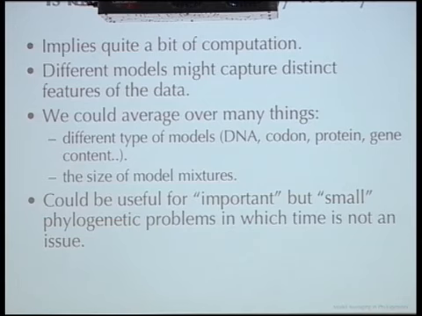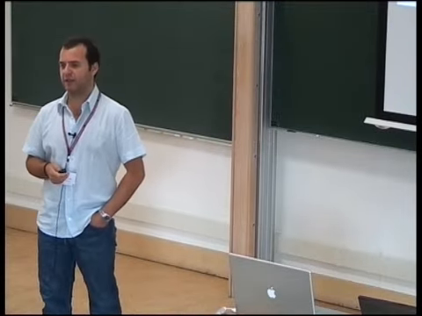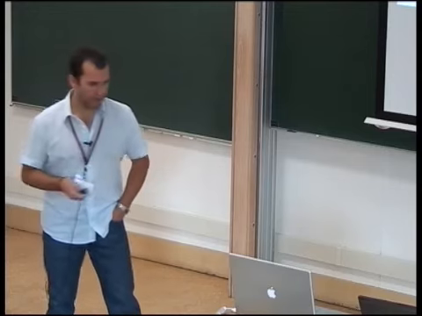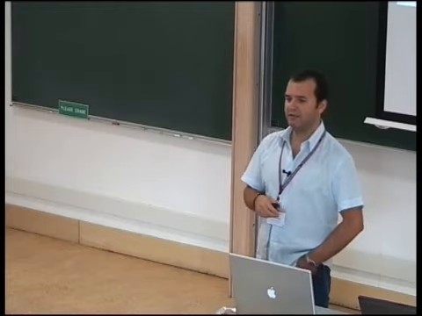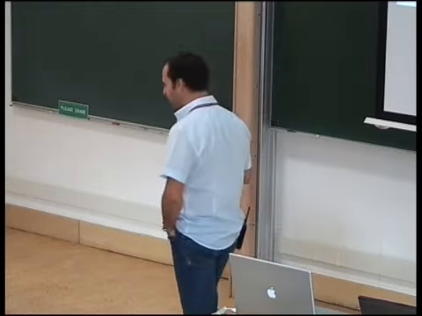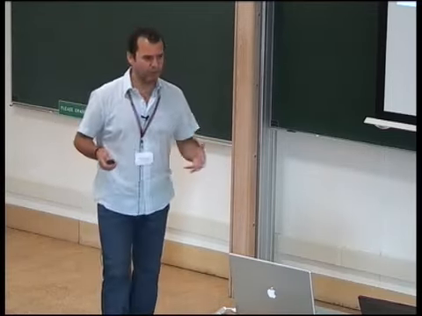In my mind, model averaging might be useful if you have time and a small but difficult problem. So not a really large tree, but a small tree that you really care about, that might be really important for something. I'm thinking about the HIV dentist in Florida, things like that, like in trials, or just the history of, you know, apes or something.